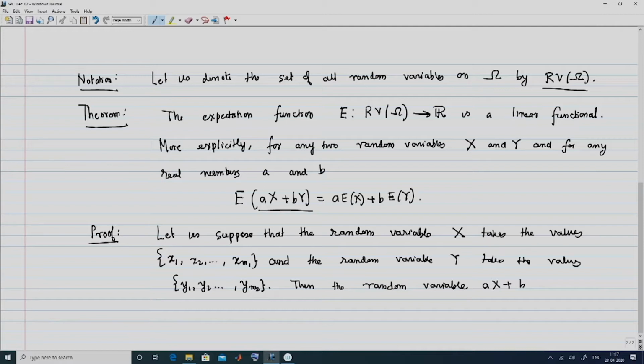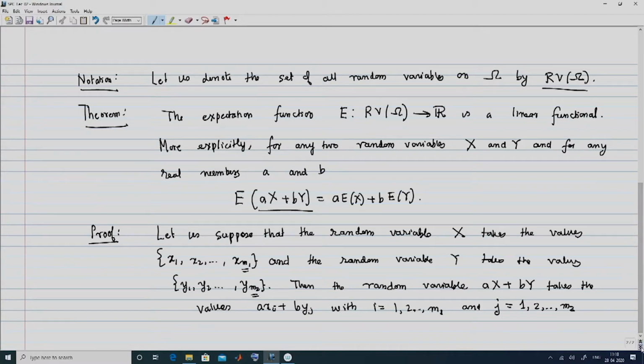So, this random variable aX plus bY will take values of the form a xi plus b yj, with i equal to 1, 2 all the way to m1, and j going all the way to m2, so j equal to 1, 2 all the way to m2.